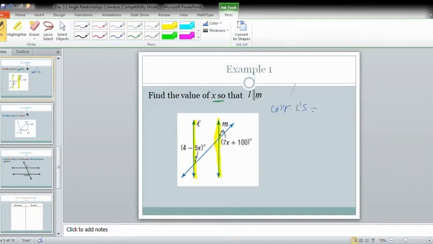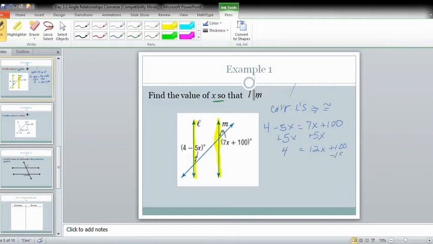Corresponding angles we need to be congruent to prove parallel lines, which means I got to set these guys equal to each other, right? 4 minus 5x equals 7x plus 100. I'm going to add 5x to both sides of the equation, giving me 12x plus 100 and 4 by itself over here.